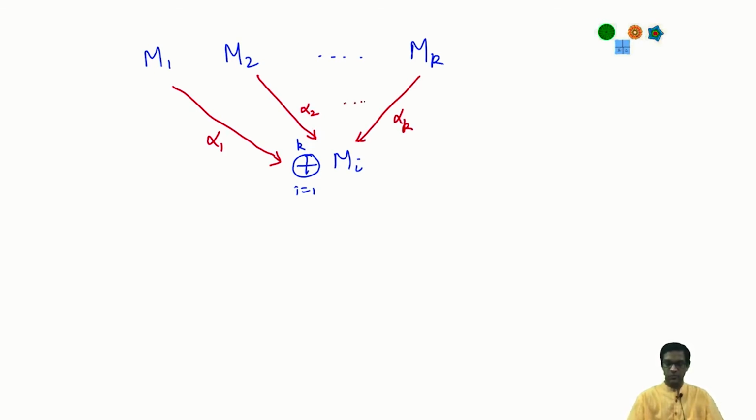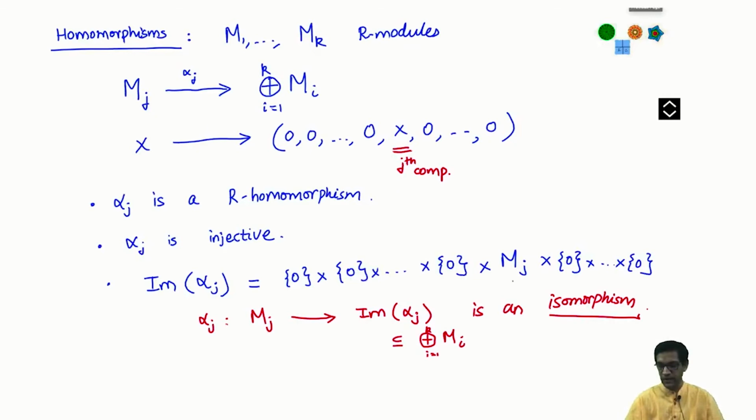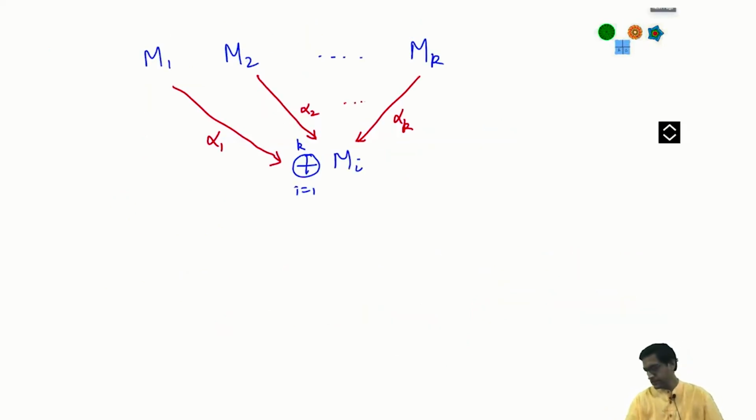So I have all these homomorphisms, and each homomorphism does the following. It takes the corresponding Mi isomorphically to a copy of itself which sits inside the direct sum. And the way it sits inside is what we described right here. It's zeros everywhere else, and only in the jth component you keep mj as it is. So this is one way of understanding what the direct sum really is.